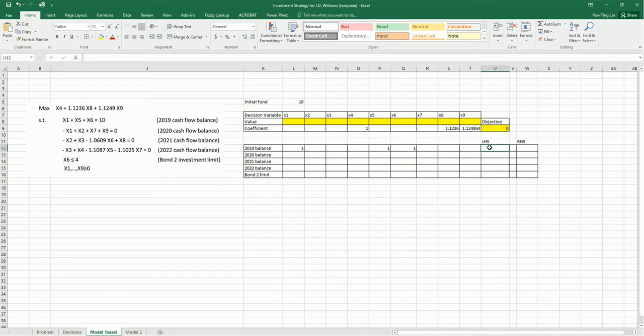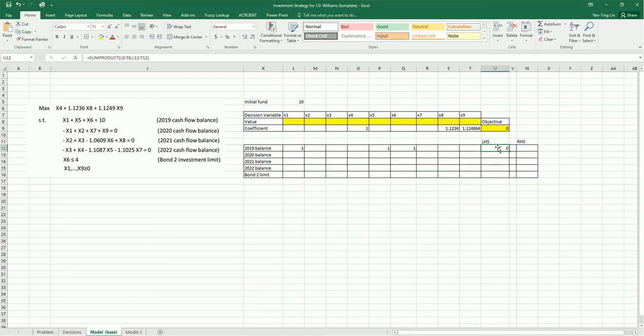And the left-hand side value is simply SUMPRODUCT of this array and this array. Again, it will do this times this plus this times this, and so on and so forth, which eventually will store the value of x1 plus x5 plus x6 over here, depending on what x1 through x9 we give.